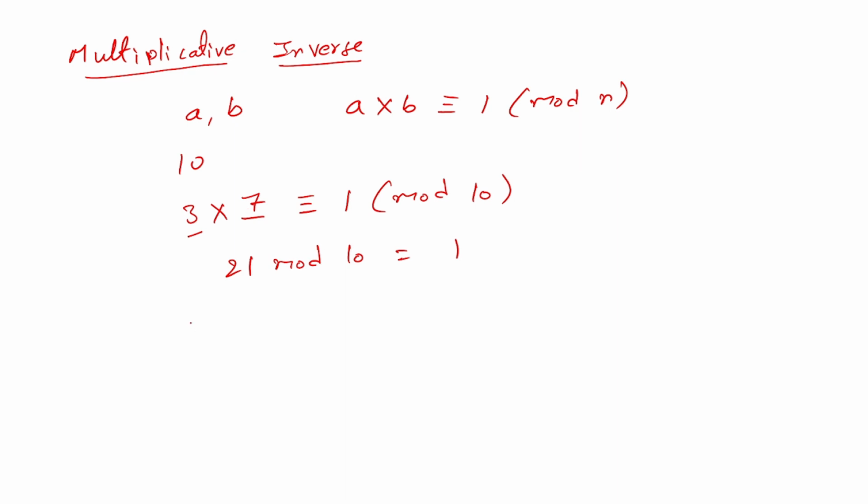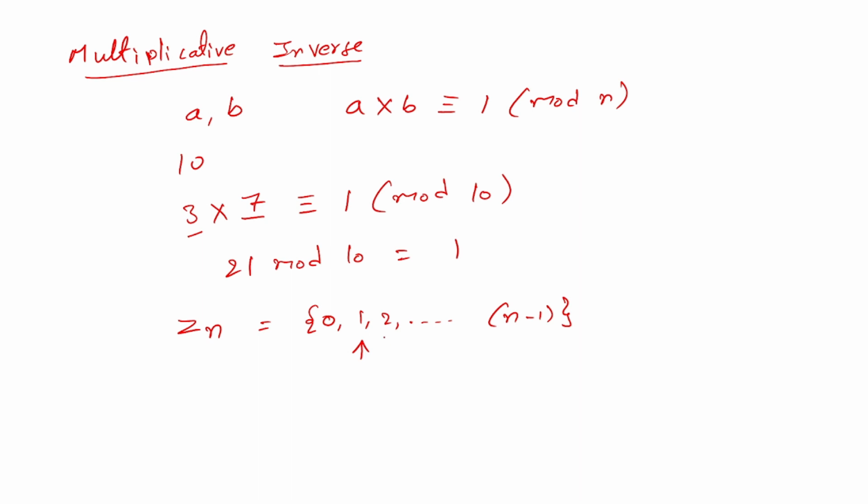So here if you take Zn, okay, Zn means 0, 1, 2 and so on, n minus 1. If you take Zn, the integers from the set may or may not contain a multiplicative inverse.